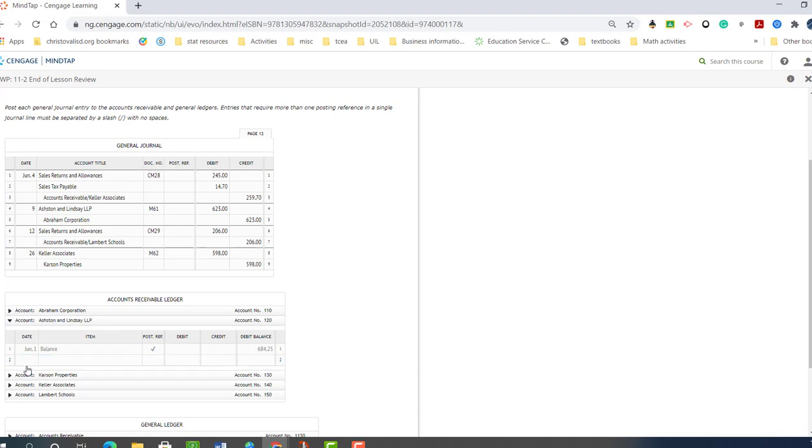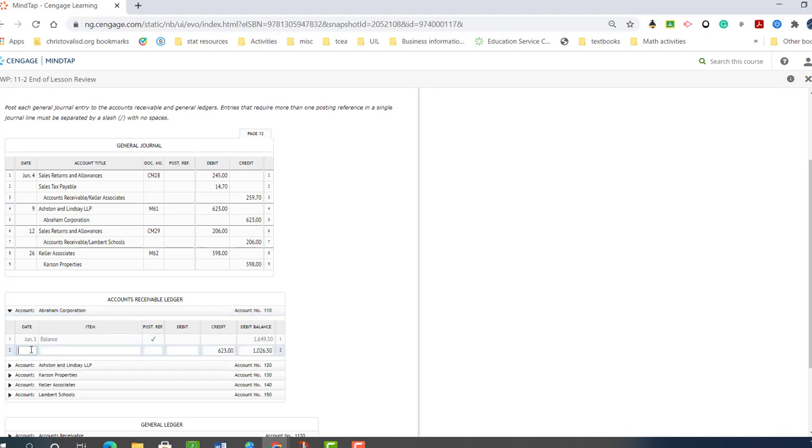And then Ashton and Lindsay, that was who was incorrectly not put in there for that same date. And I don't think I actually put the date. That was on the 9th. And this came from our G12 page. And our post reference was 1110.